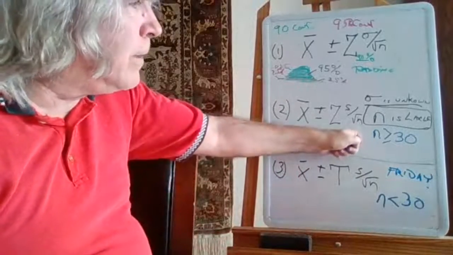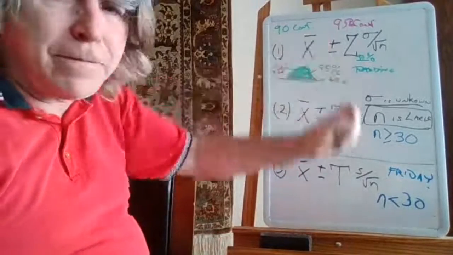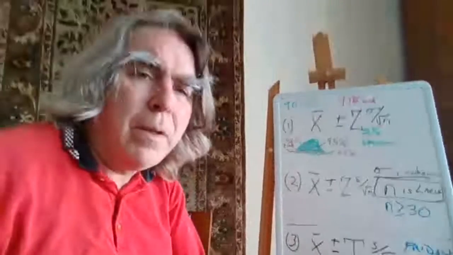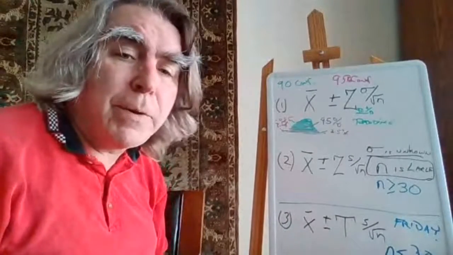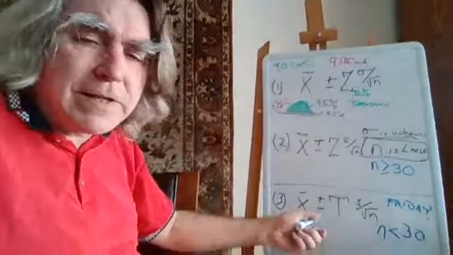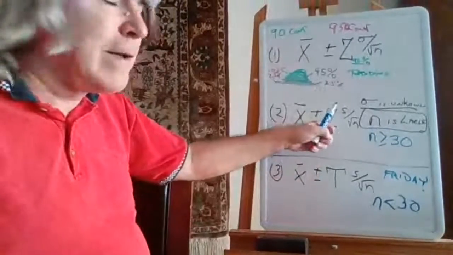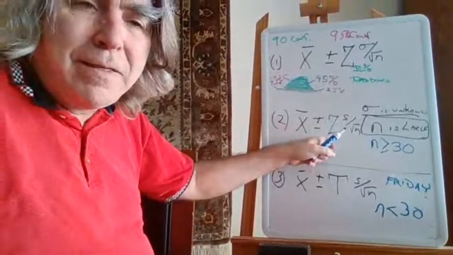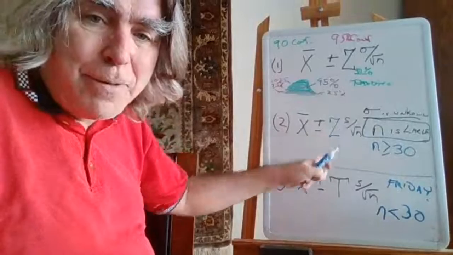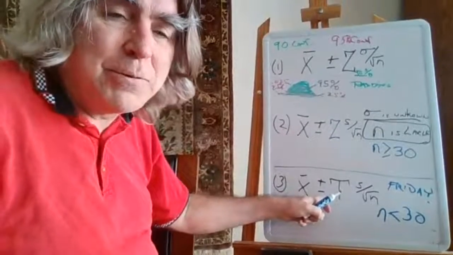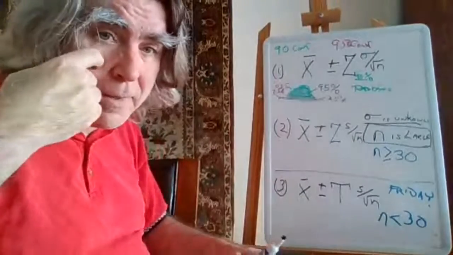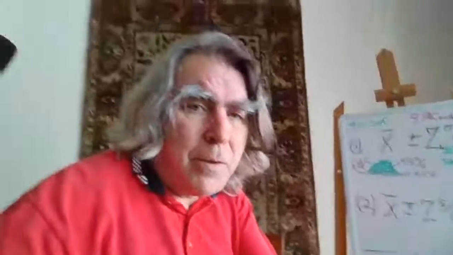So if n is larger than 30, we're at this one. If not, we're up here. But the formula's pretty much the same. Oh, by the way, what's the difference down here? All of a sudden, we're not using the z from the z table. We're going to need to go to the t table, okay? Because our S isn't completely right and we don't really trust it.